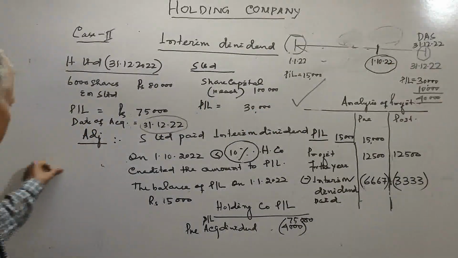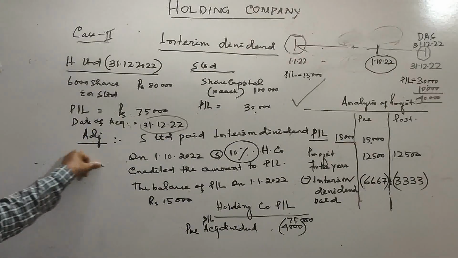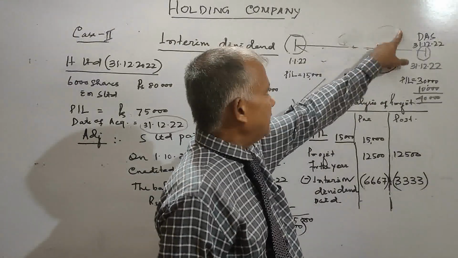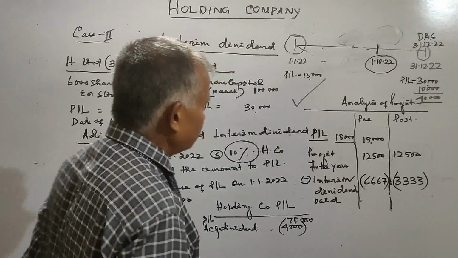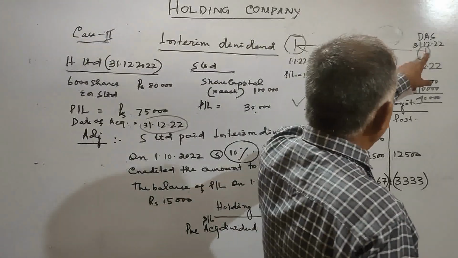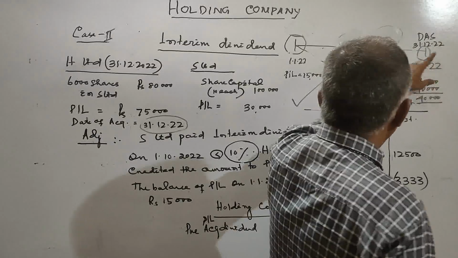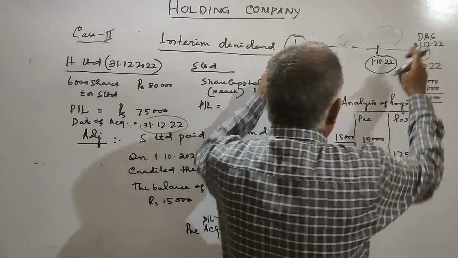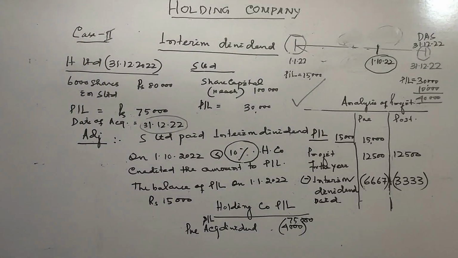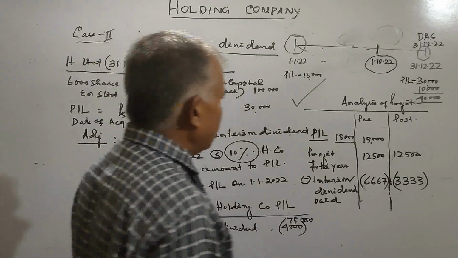If it is per annum, just calculate on the basis of time. If it is only 10%, then you take 10,000. So friends, if the date of acquisition is here, that means the entire period is pre-acquisition. The total 10,000 dividend is in the pre-acquisition period.